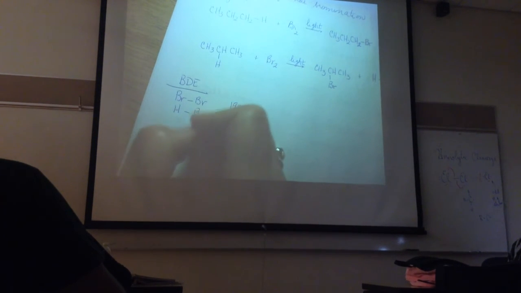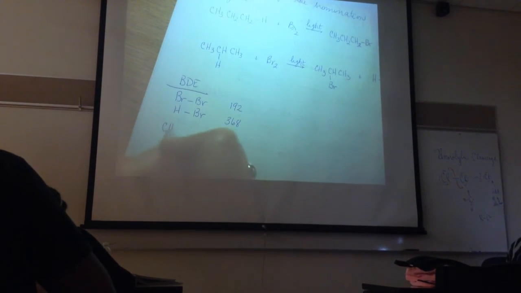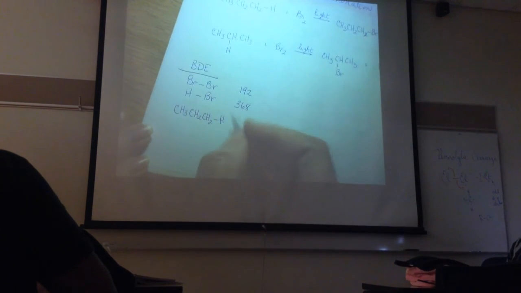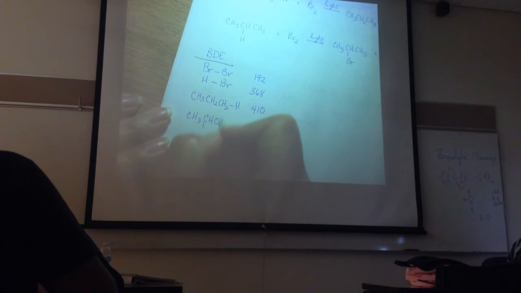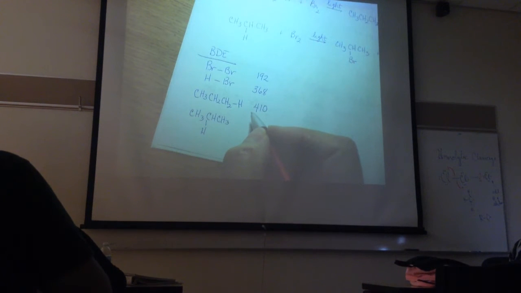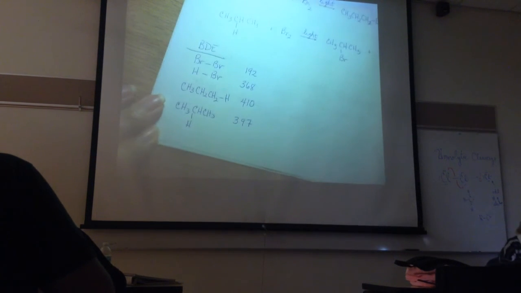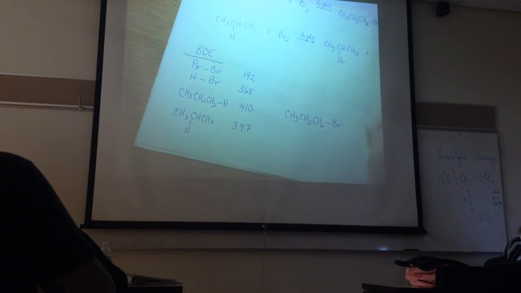An H-Br is 368. It's 410. 397. Okay, this one is 285.